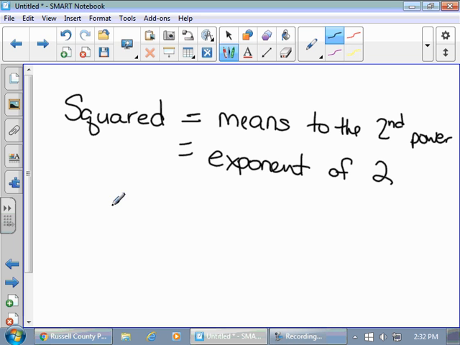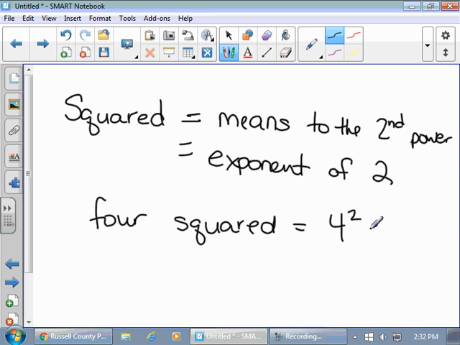So if I said I have 4 squared, that means I have 4 to the second power. Okay? Sometimes they'll even say something to the second power. That means 2 is the exponent, okay?